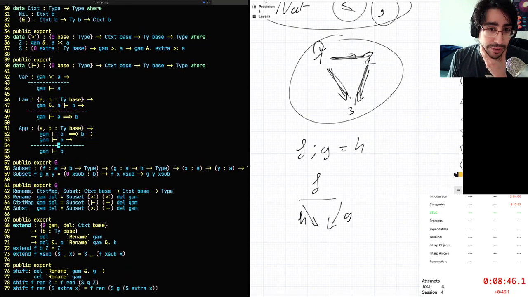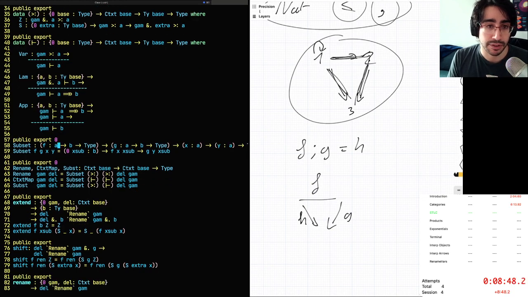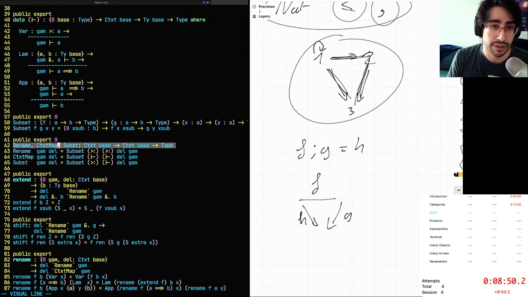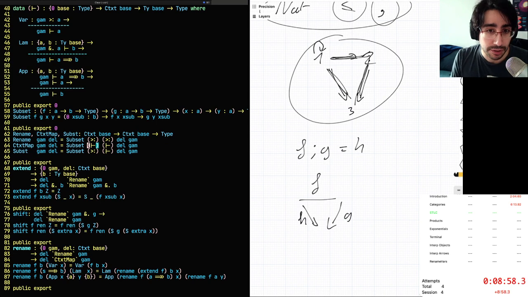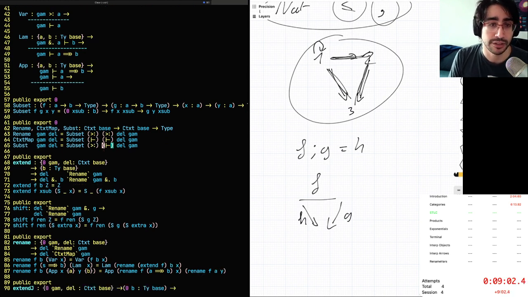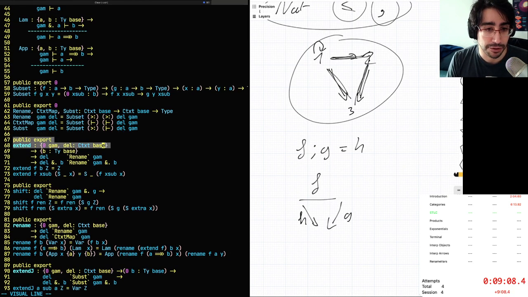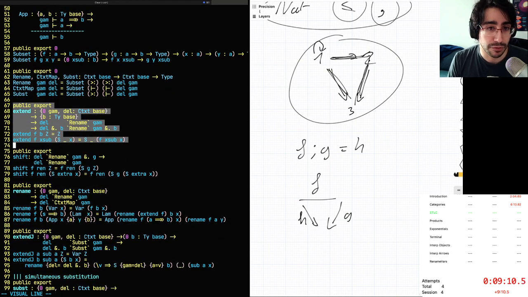And additionally, we have ways of mapping those things together. So here we have a few things. Renaming, which maps variables to variables. Mapping of terms, which maps a term in one context to a term in another context, and substitution that says substitute this variable in this context. And we have all those facilities to move things around.